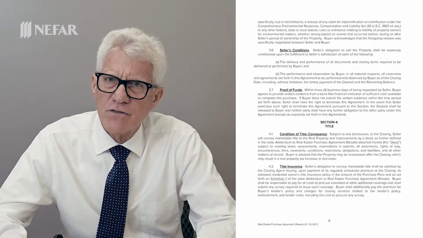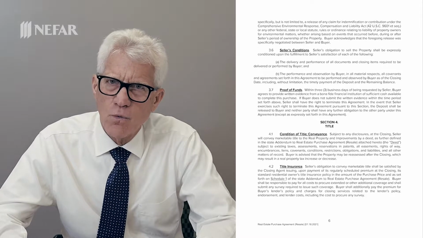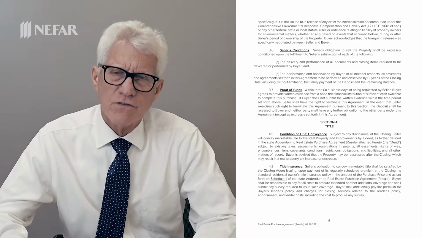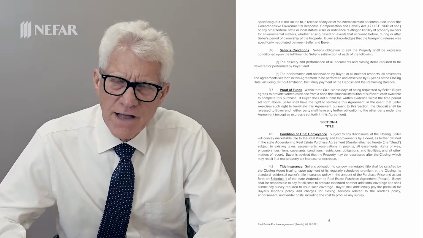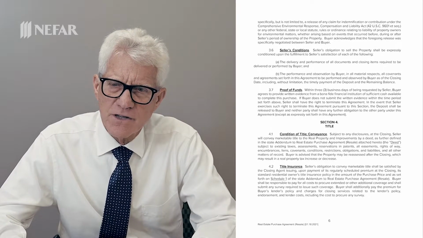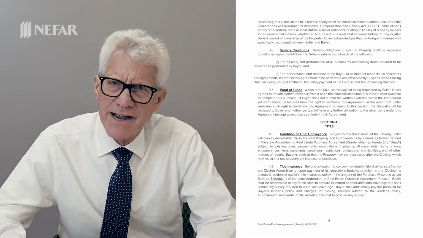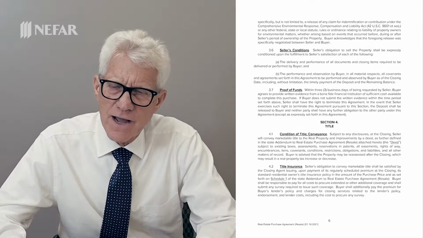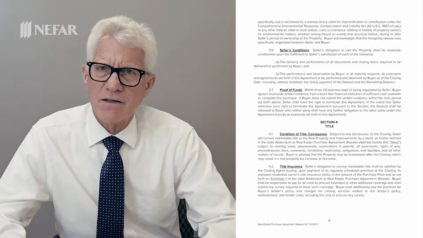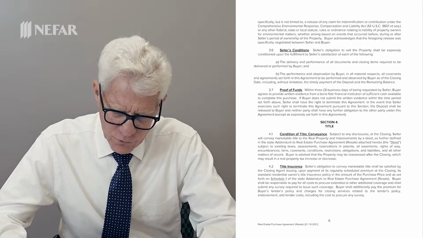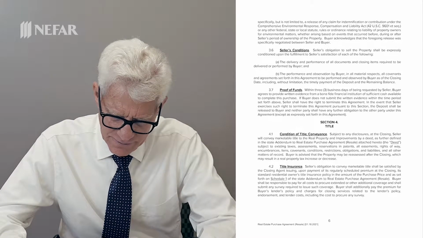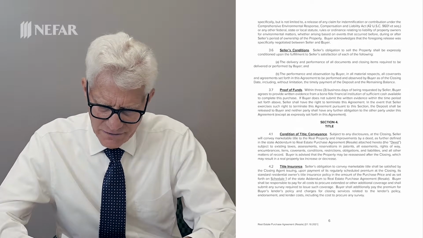But this says if there's additional coverage that the buyer wants, let's say that there's a survey map that shows a slight encroachment and the title insurance company is willing to title insure that, that's done by an endorsement known as the 9.2. In our contract, the seller would pay that. In this contract, the buyer would. And it's several hundred dollars, depends on the selling price. But that is a difference.